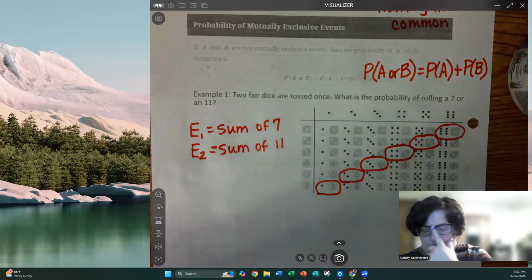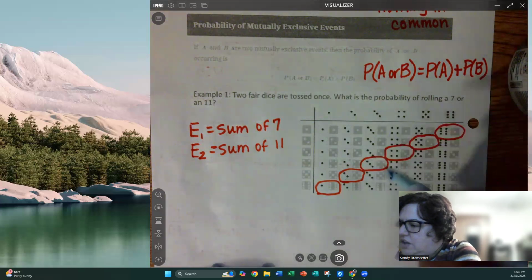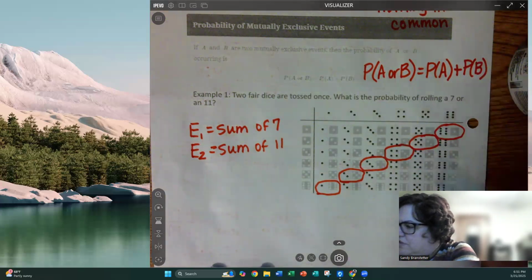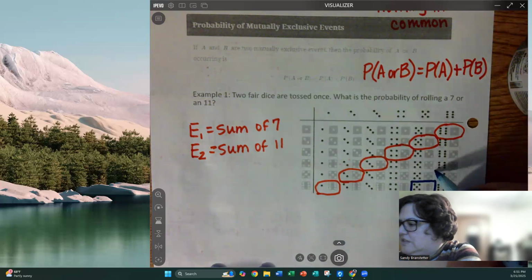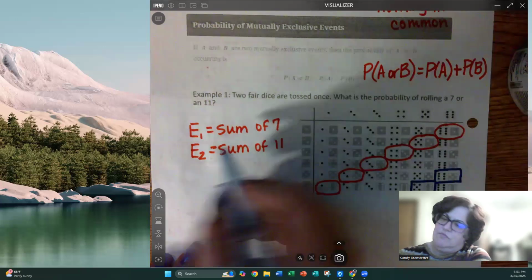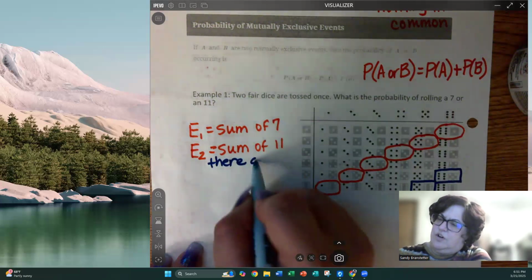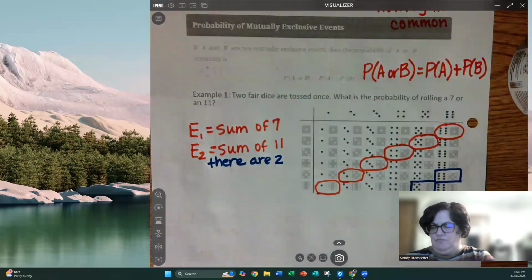Well, 5 plus 6 equals 11. So when I'm looking here, I want to go into the 5 column, and 5 and 6 will equal 11, and 6 and 5 will equal 11. So there are 2 ways that that one can occur.